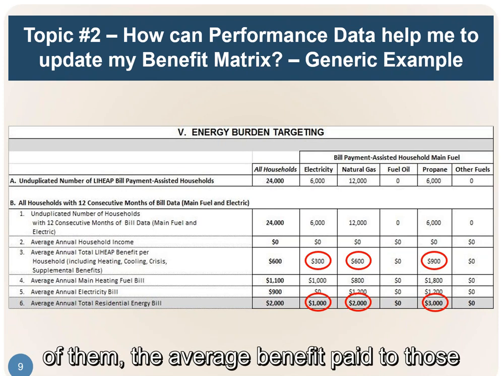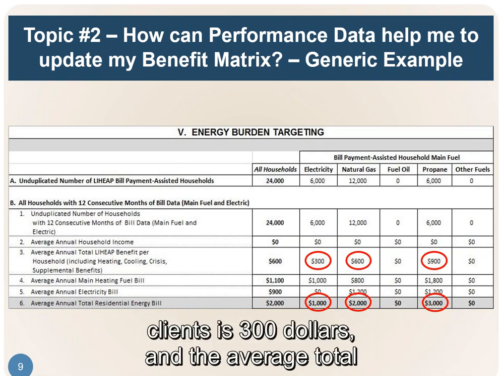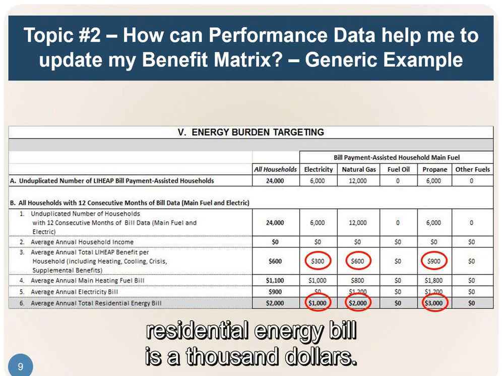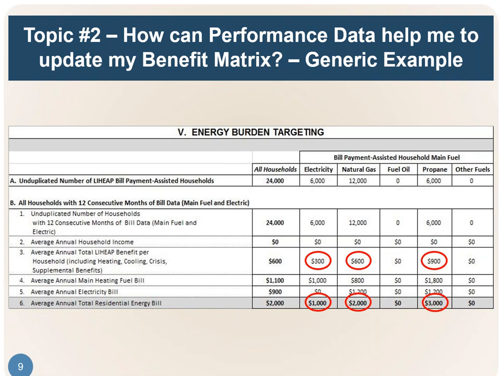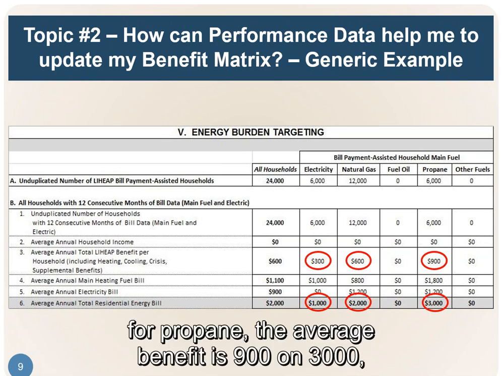The average benefit paid to those clients is $300, and the average total residential energy bill is $1,000. For natural gas, the average benefit is $600 on $2,000. For propane, the average benefit is $900 on $3,000. Next slide, Michelle.